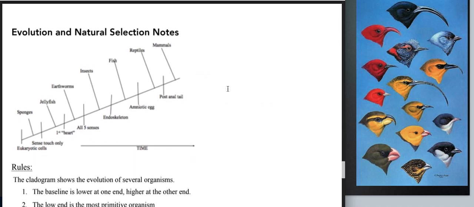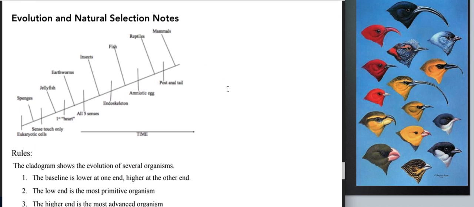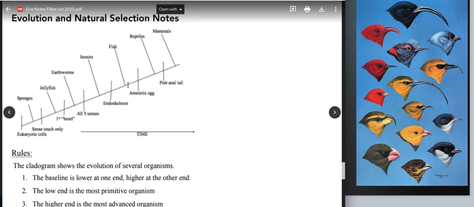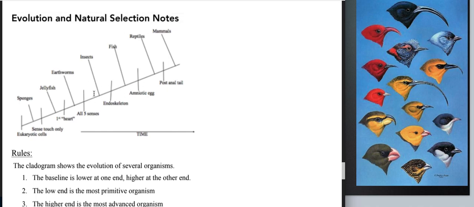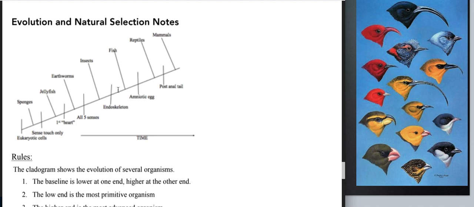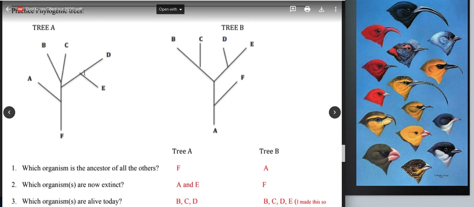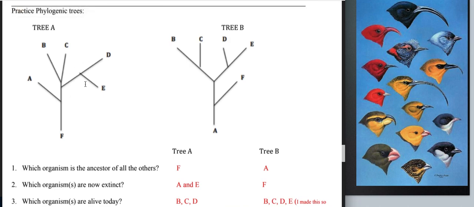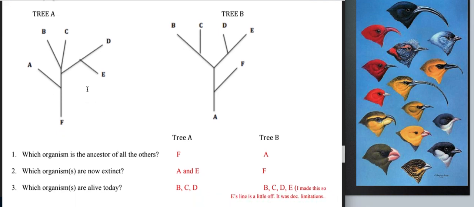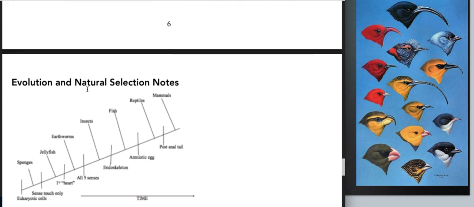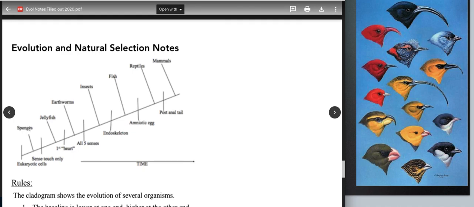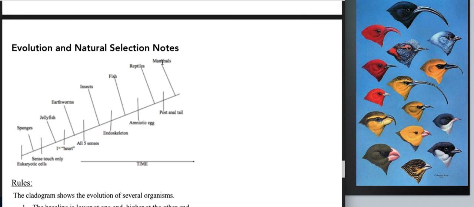All right, another way we can look at evolution, and this one is looking in a more detailed way. So notice this one just had letters. We could take the letters off and put a species name, but you just use letters for right now because that's just our example. Here you replace the letters with names of species: sponges, jellyfish, earthworms, insects, fish, reptiles, and mammals.